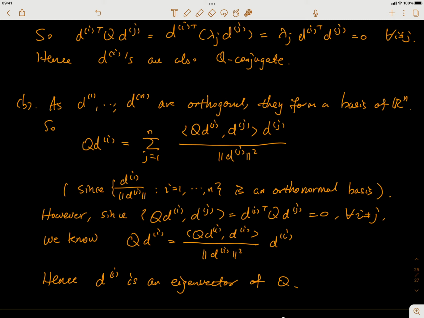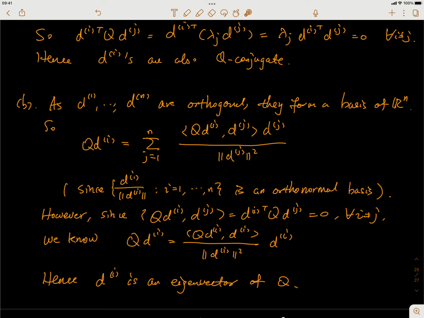If they are normalized, we just take the inner product of Q di with each basis vector, and that gives the coefficient. Since the di's are not necessarily normalized, we divide by their squared norms to normalize them. This is how we can express every vector using the di's, and specifically we can express Q di in this form.